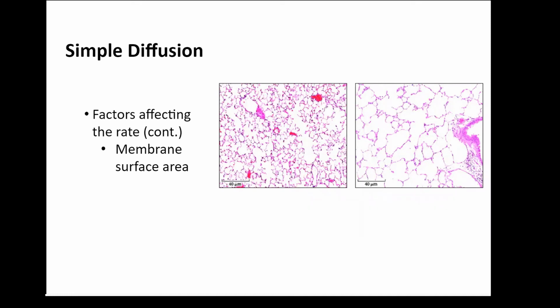So in the lungs and in the capillaries, honestly, we want a lot of oxygen to cross those membranes. So we're going to have a high surface area in those areas so that we can move those molecules rapidly across the bilayer. So higher membrane surface area, more diffusion.